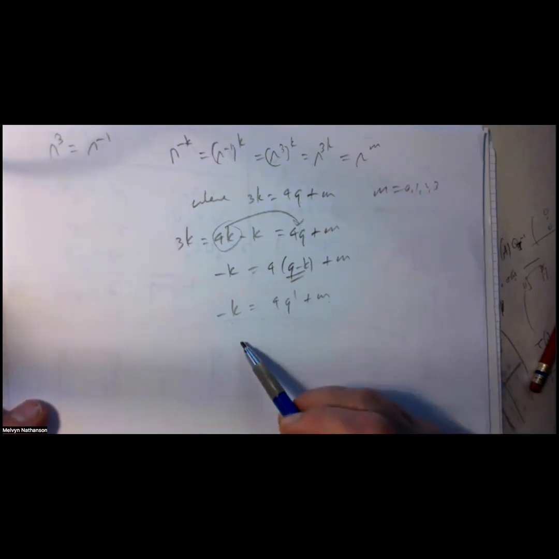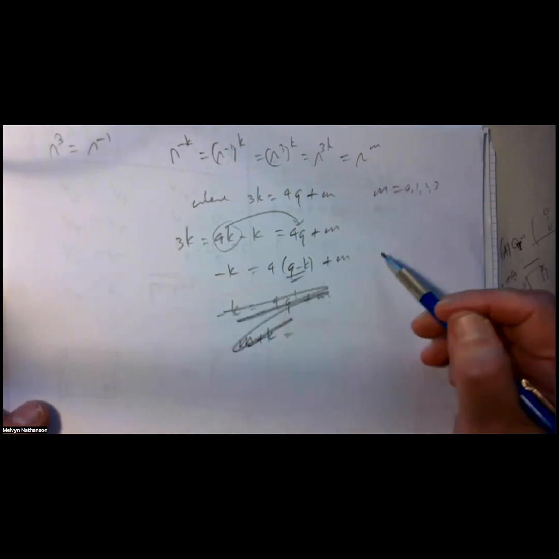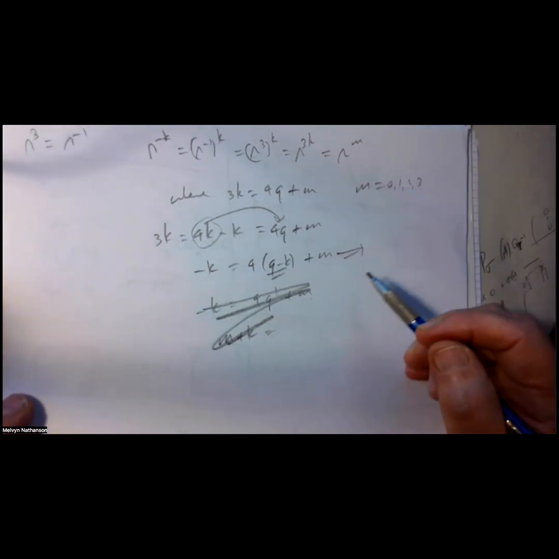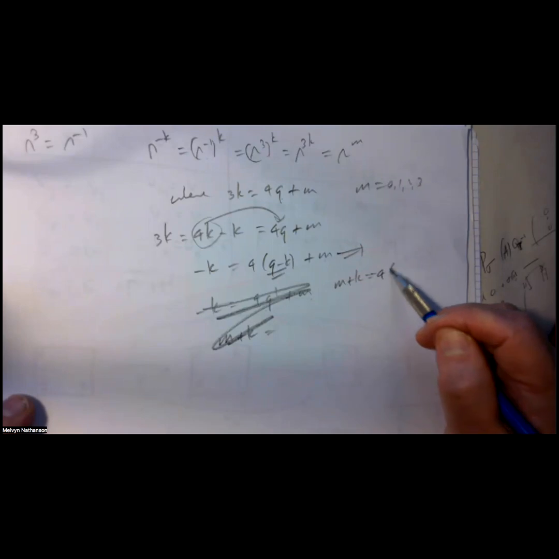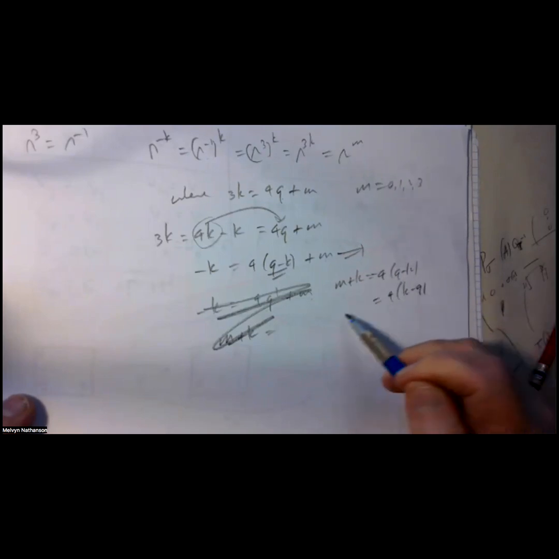So minus k, if you divide it by 4, leaves the same remainder of m. Or in other words, m plus k, let me just leave it like this. So this is just rearranging by elementary school algebra. m plus k is equal to minus 4q minus k, or 4 times k minus q.